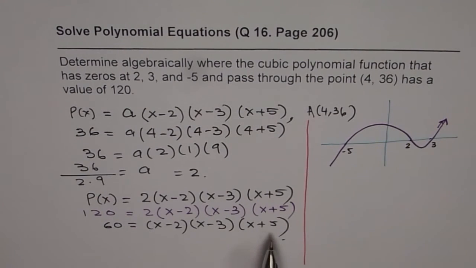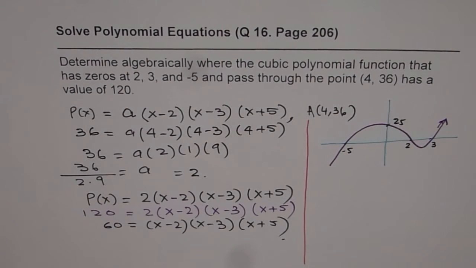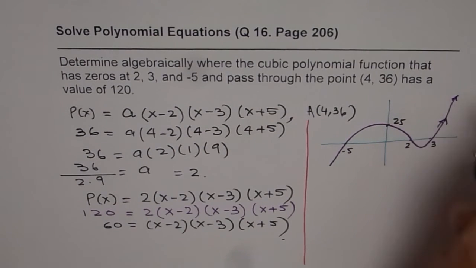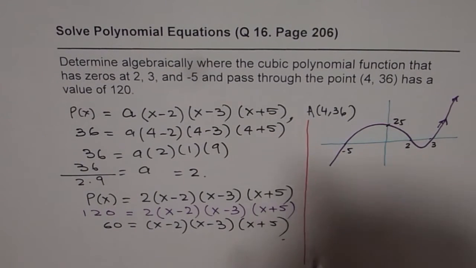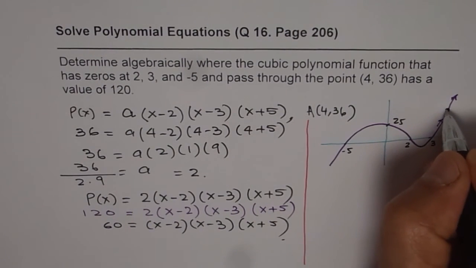To estimate, the y-intercept is going to be 5 times 5, which is 25. Let us say this value is 25. Now we are given that at 4 we have a value of 36, so it's more than 25. Let's say this point is (4, 36).